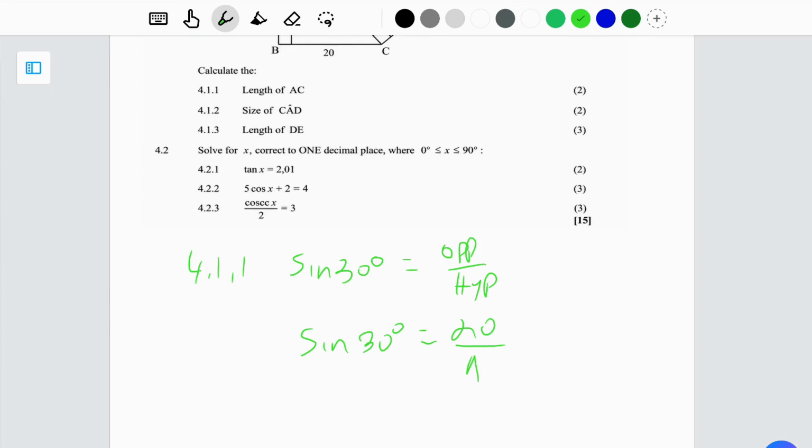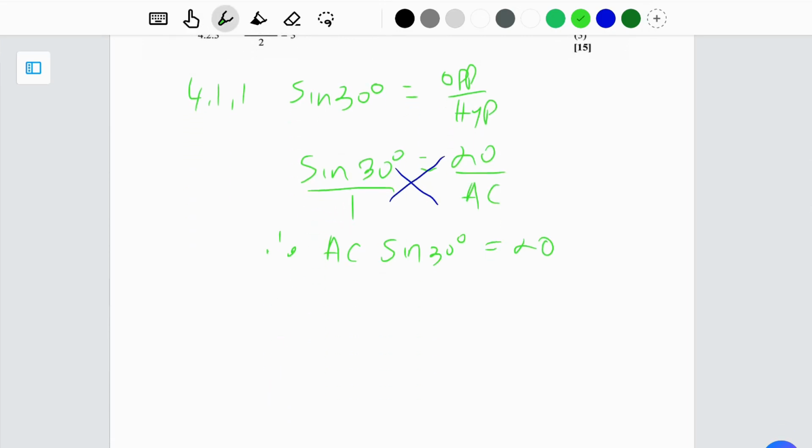The hypotenuse is AC, right? So we can cross multiply over here, so AC sine 30 degrees equals 20. Then we want AC on its own, because that's what we're calculating, so we're going to divide by the sine of 30 on both sides.